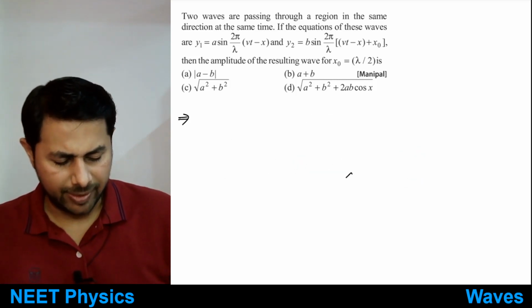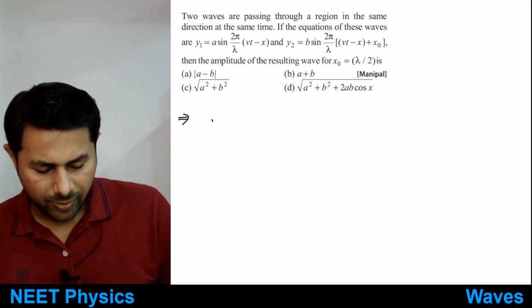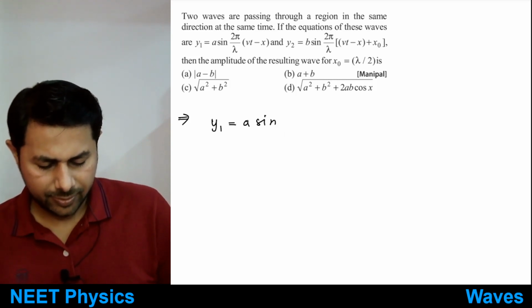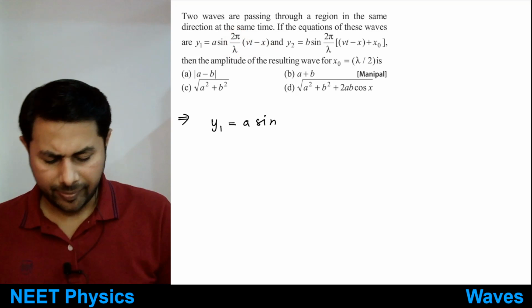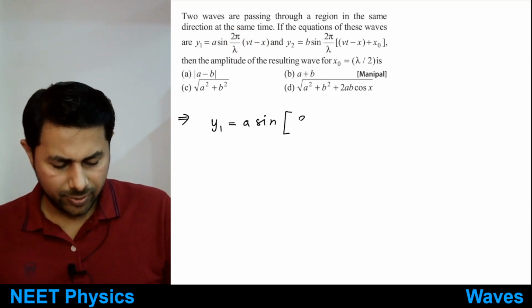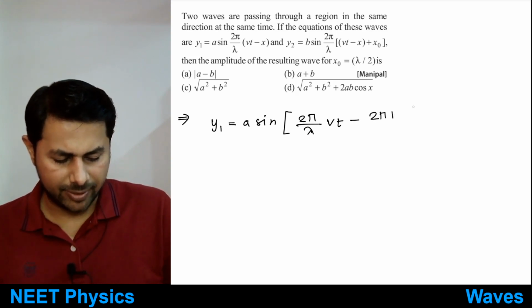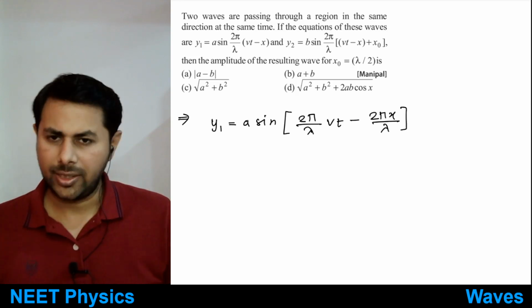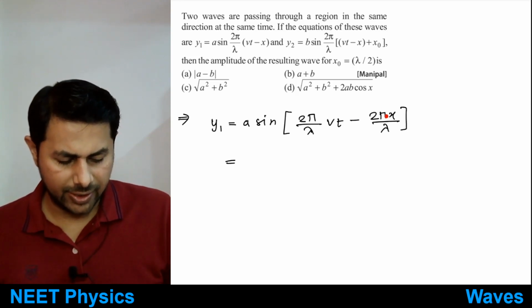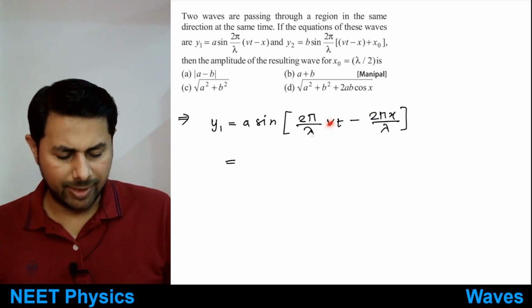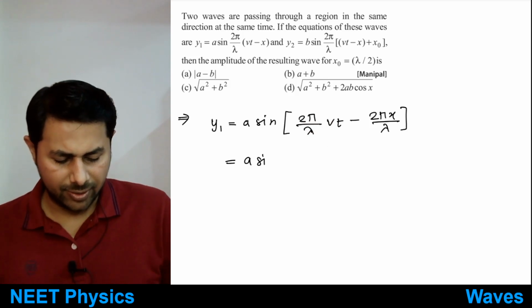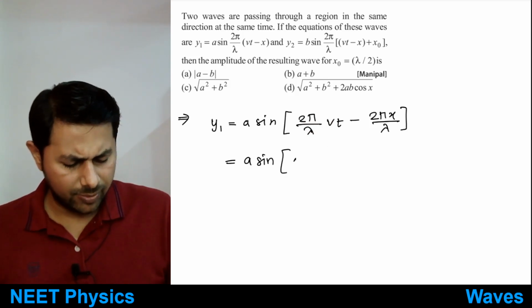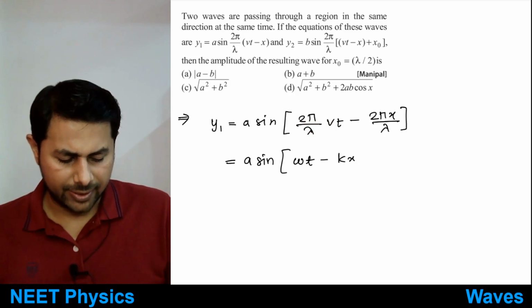Okay, so let me just simplify this. For y1 you have a sine of 2 pi by lambda times (vt minus x). So let's multiply this bracket with 2 pi by lambda. You get 2 pi by lambda times vt minus 2 pi x by lambda. Then we can easily identify these: 2 pi by lambda is k, v by lambda gives you n, and 2 pi n is omega. So this is a sine of omega t minus kx.